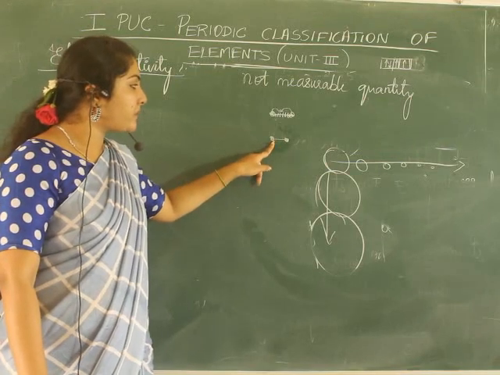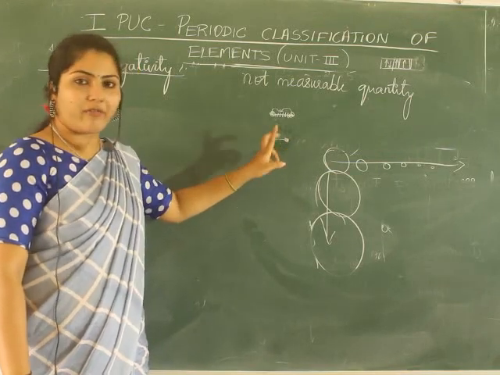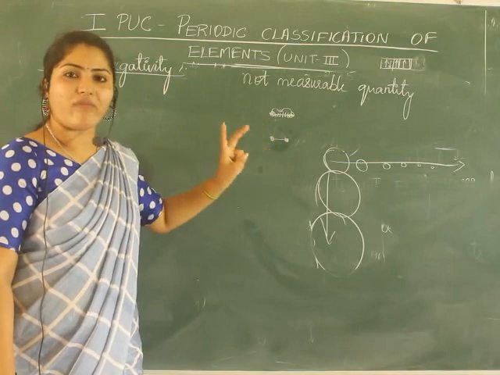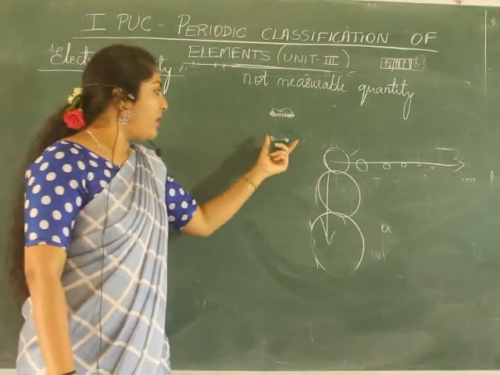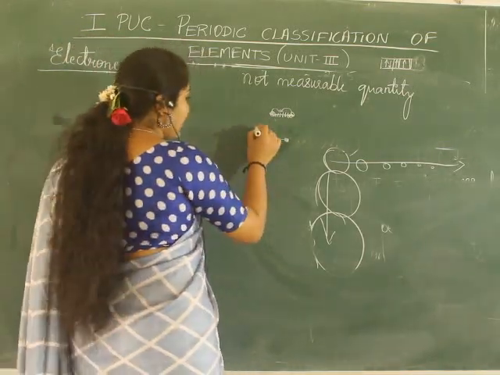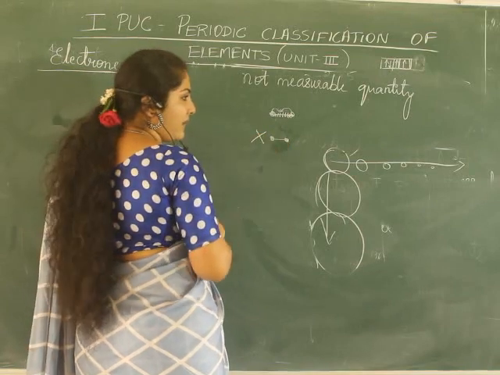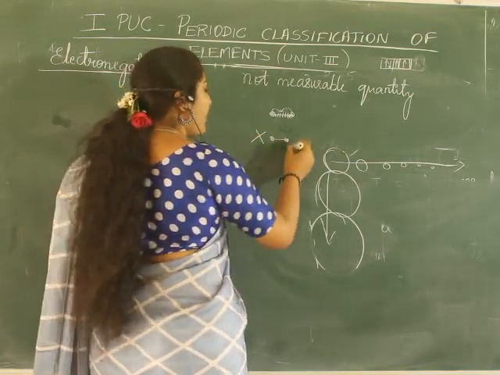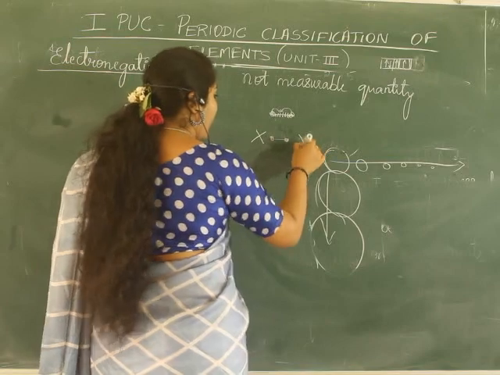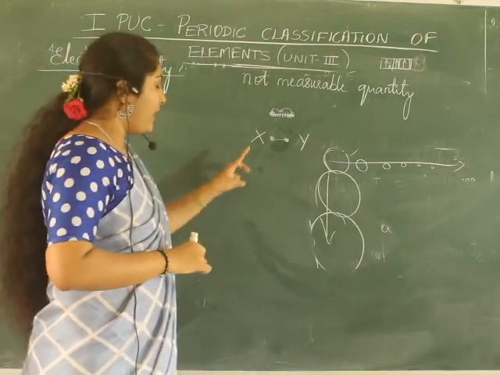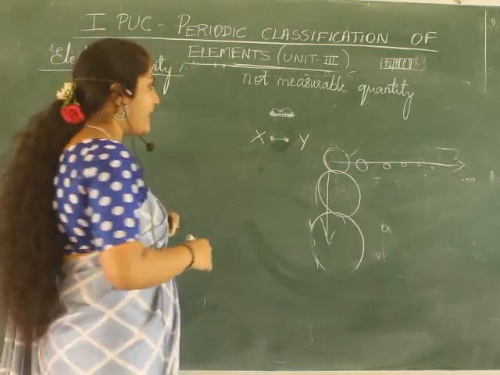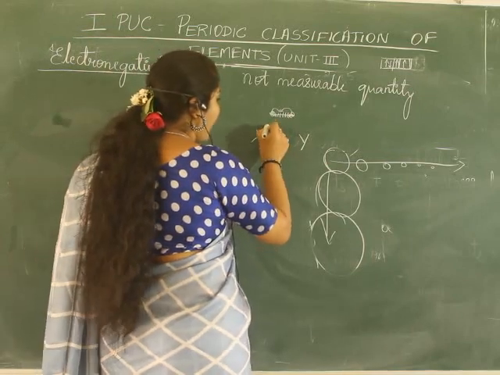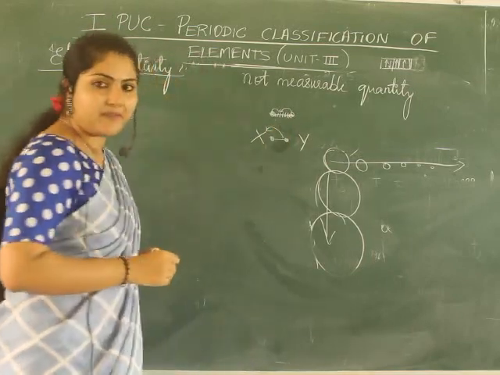So here, this is a shared pair of electrons, two electrons. Suppose you have one atom X here and one atom Y. Now X will have the tendency to pull the shared pair of electrons towards itself.